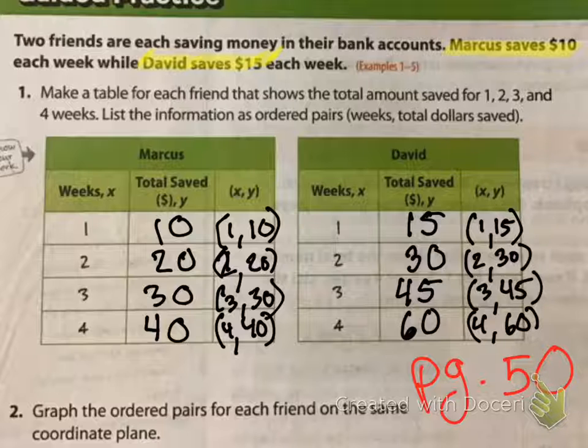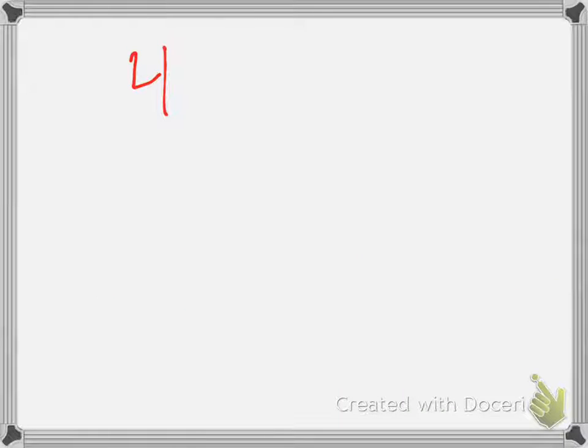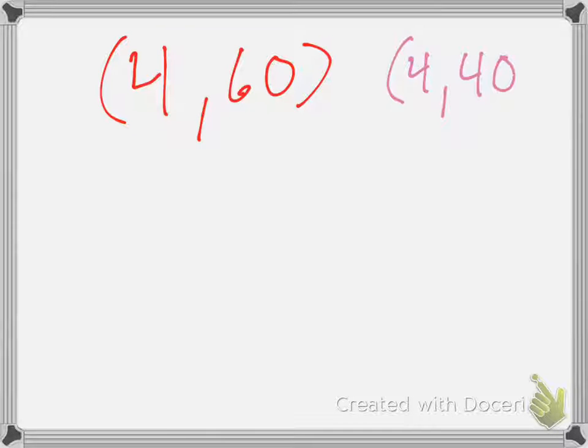Let's just pick 2, one from each person. We're going to pick the (4, 60) and the (4, 40) points.